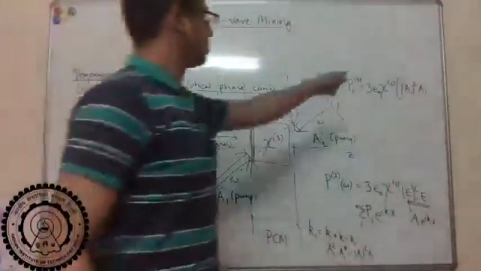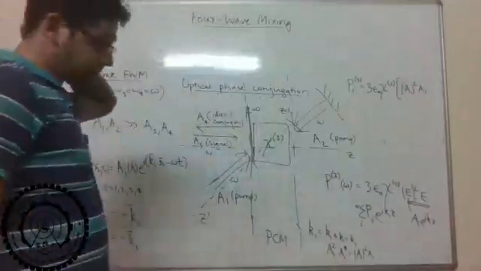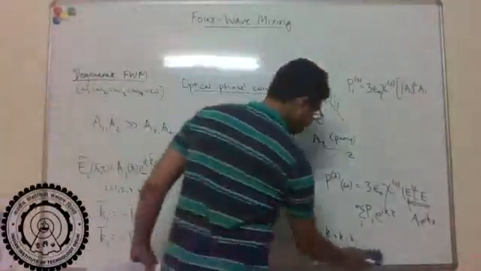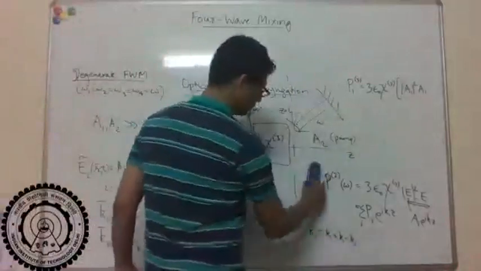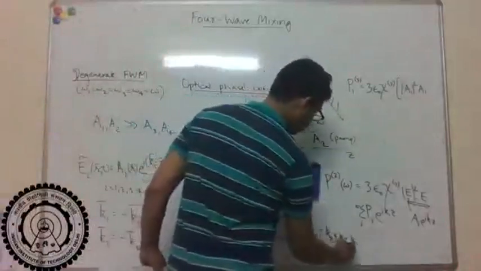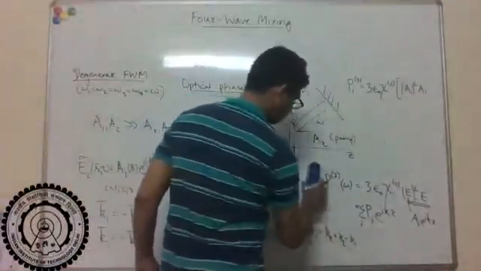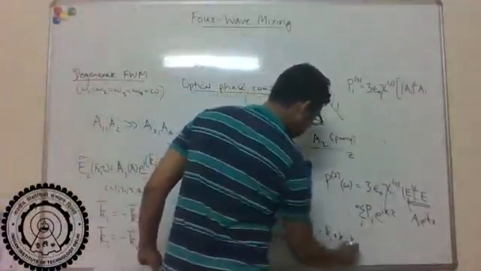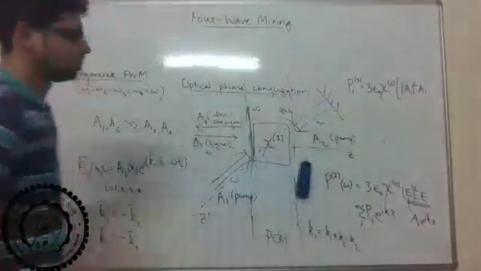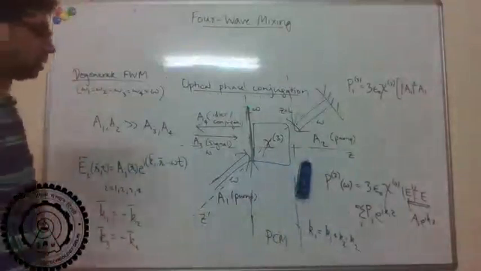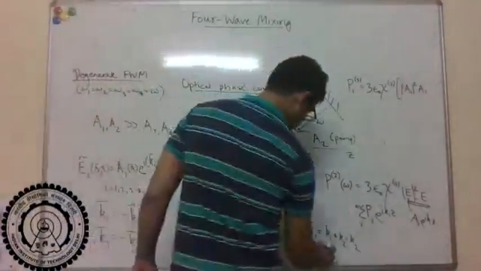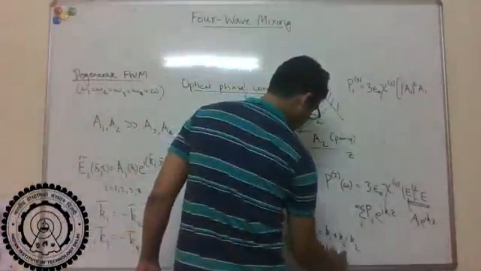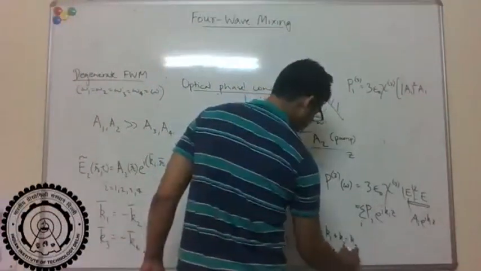But there can be other terms also, right? So other ways, instead of 1 I could just replace 2. I could have k1 plus k2 minus k2, so that would give me A1, and then here A2 conjugate.